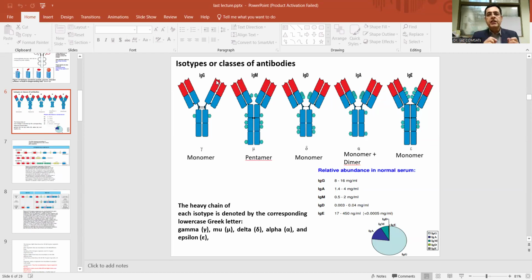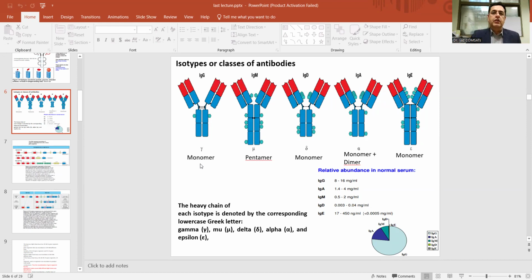So the binding strength of IgG with the same antigen against which this IgM was secreted initially by the B cell is more as compared to IgD or other forms, etc. So that's why class switching takes place.